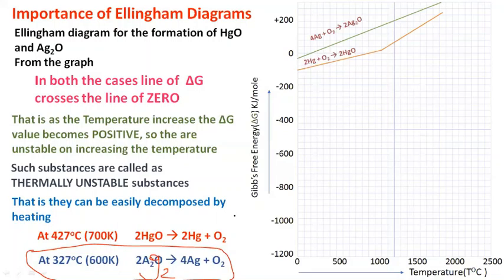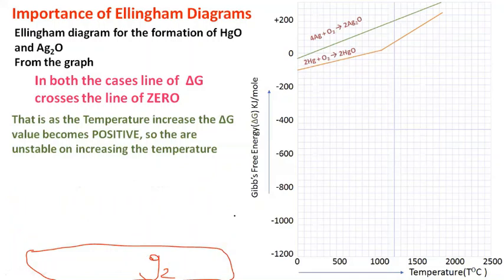So when you take this to the silver shop to clean it, they heat it strongly, at a temperature more than 600 Kelvin or 327 degrees centigrade, due to which whatever oxide layer formed on the silver is converted into silver, producing oxygen gas. This is what they do in the jewelry shop to make your silver shine, removing the oxide layer formed over the jewelry by heating at 327 degrees centigrade or 600 Kelvin.